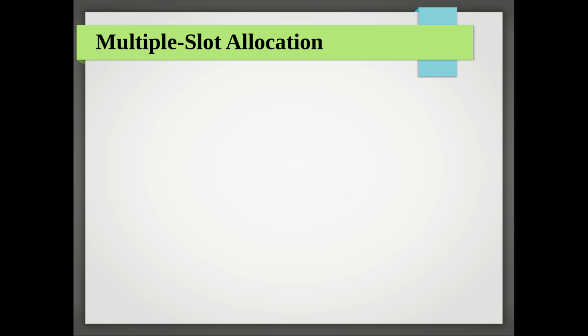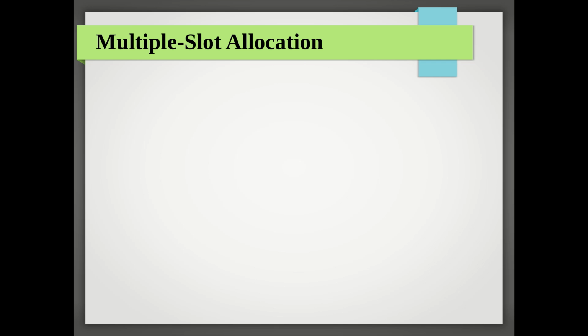Now the second approach is multiple slot allocation. See what is happening here. From the name itself we can see that we are trying to allocate more than one slot in the TDM frame. You know what a TDM frame is? From each input we take one unit of information, which can be a bit or byte or some other set of bits, and we collect them together to form a single TDM frame in the outgoing link.